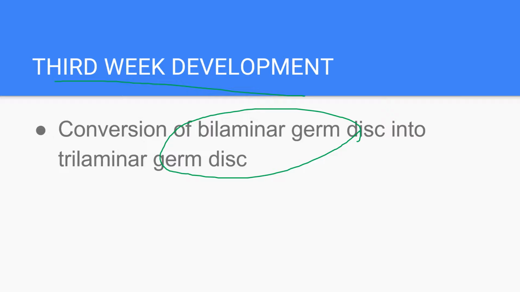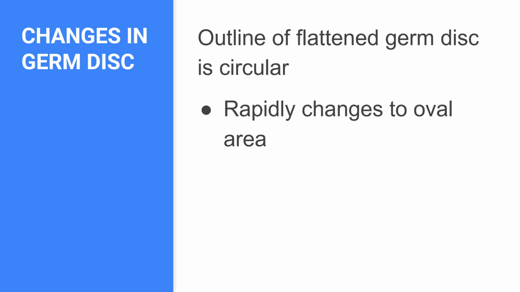Regarding changes in the germ disc, if you see the shape of the germ disc, in the second week it is circular, and in the third week it rapidly changes into an oval shape. That is the major change in the shape of the germ disc at the beginning of the third week.